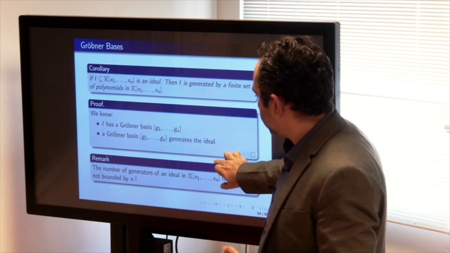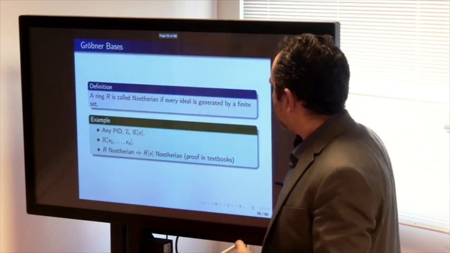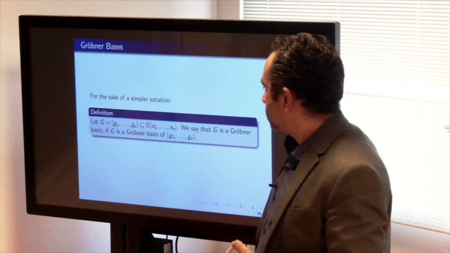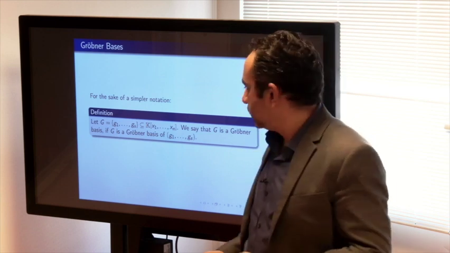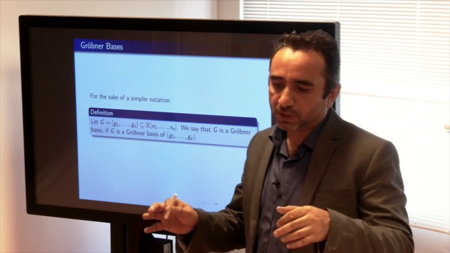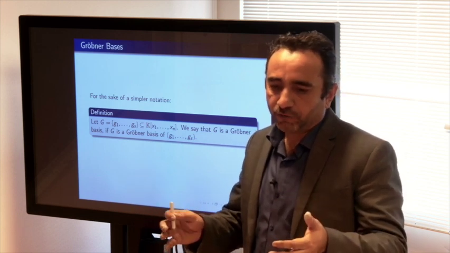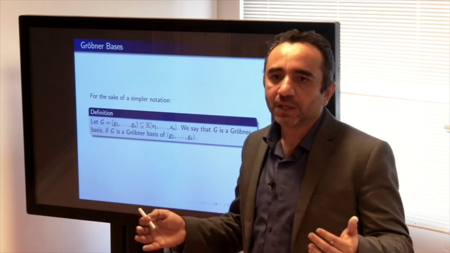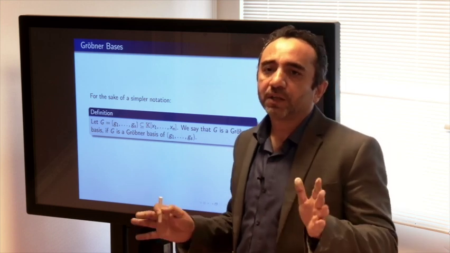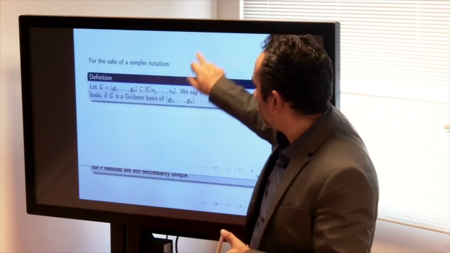You can go through that from there as well. And now we have that G is a Gröbner basis of the ideal generated by G1 up to Gk. So this specifies that if we are able to find a Gröbner basis, then it is actually a Gröbner basis of the ideal generated by that set of polynomials.